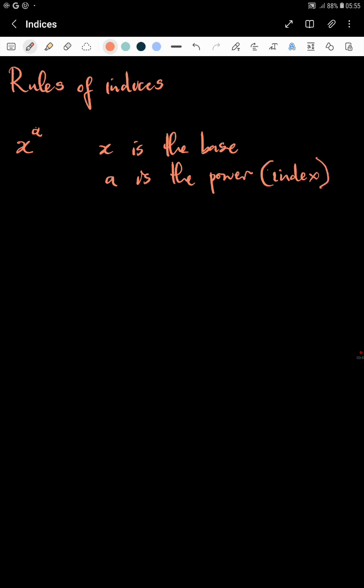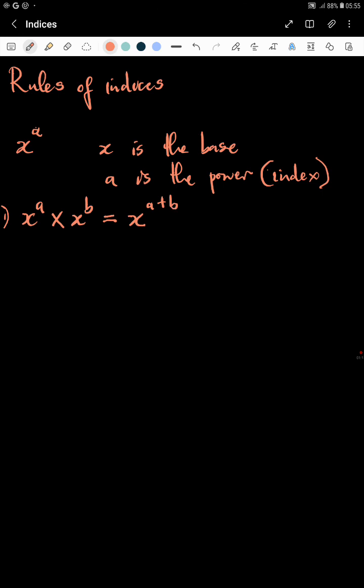So under the rules of indices or the laws of indices, we are saying number one, if we multiply two numbers that are sharing the same base, like x to the power a times x to the power b, you keep the base, which is x, and you add the powers, which is a plus b.